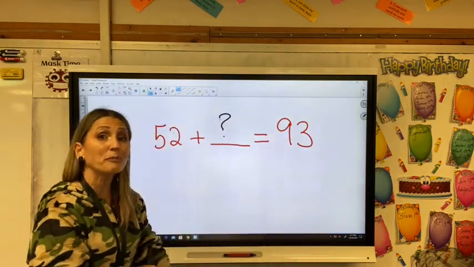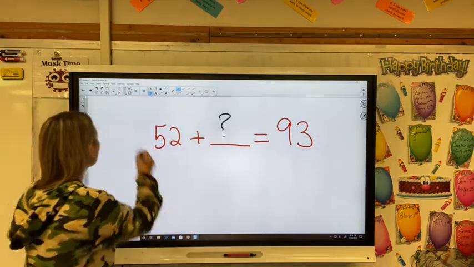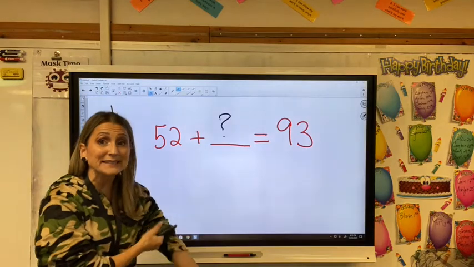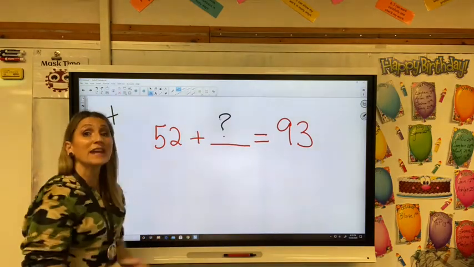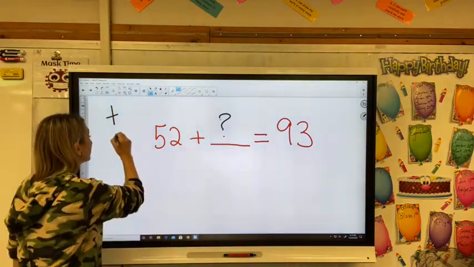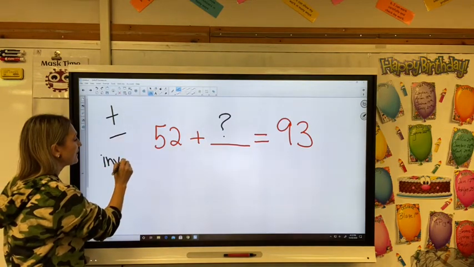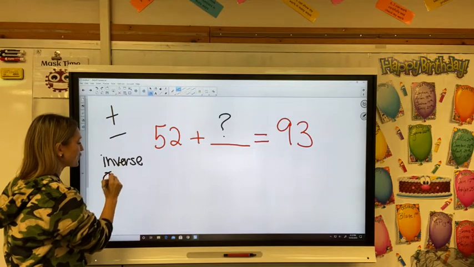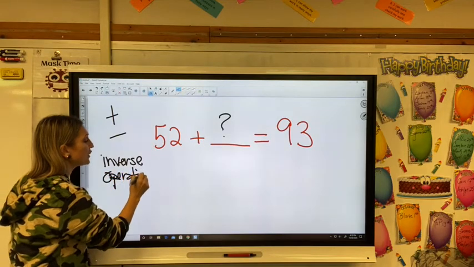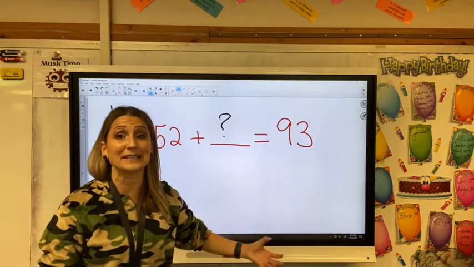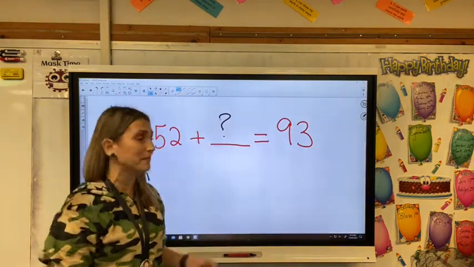And I hope that by now, you know if you're adding, if you want to check your work or find a missing answer, you can do the opposite operation, such as subtraction. That's called the inverse operation. And it means if you want to find something out, use the opposite operation to solve it.